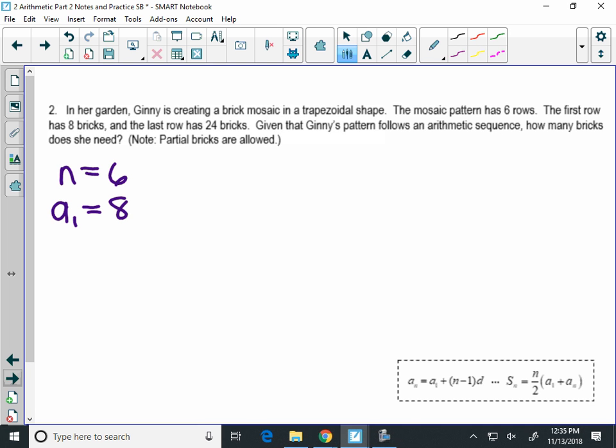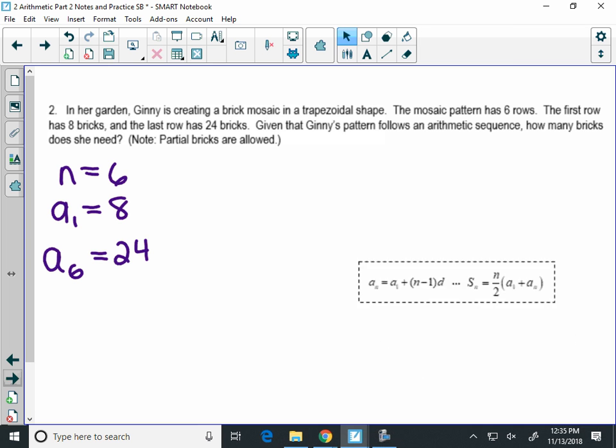The last row has 24 bricks. Now, a sub what is 24? A sub 6, because you have 6 rows. So we know the first row, we know the last row. Given that she follows this pattern, how many total bricks does Ginny need for her patio?